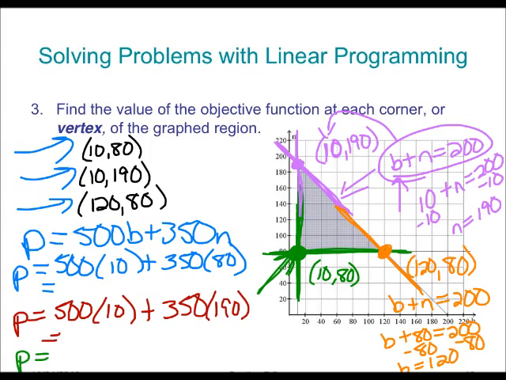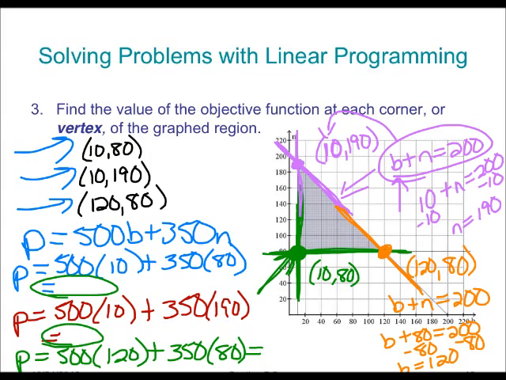P is equal to 500 times 120 plus 350 times 80, and figure out what that number is. We're trying to maximize the profit, so whichever of these numbers is the largest, once we actually calculate it in the calculator, that would be our answer.